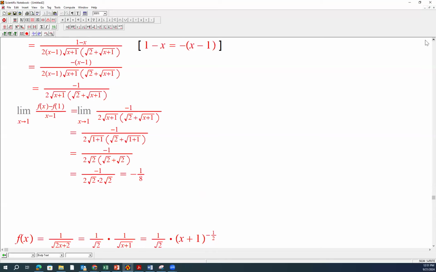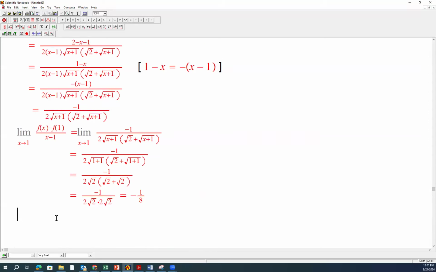So that is the derivative of this function. The derivative of this function at 1 is equal to negative 1/8.